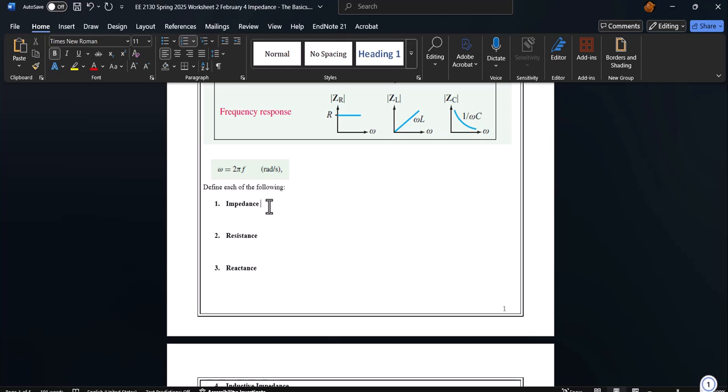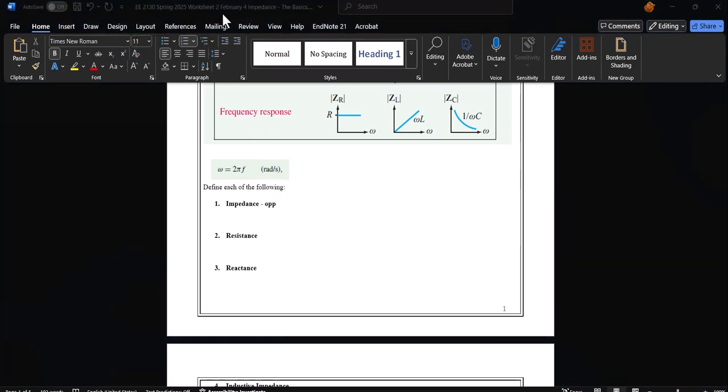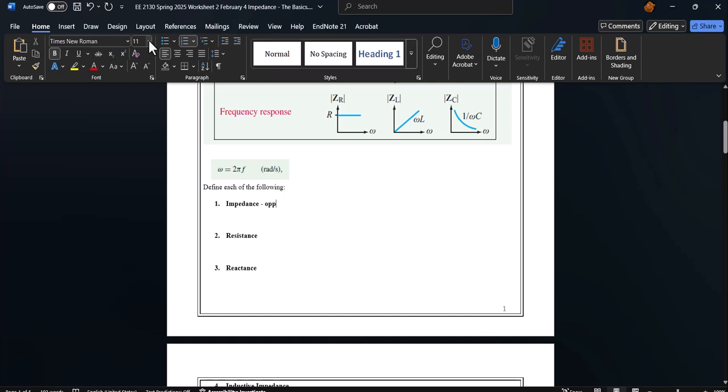So impedance is the... does anybody want to give me their definition of impedance? Because I don't know if I like mine.